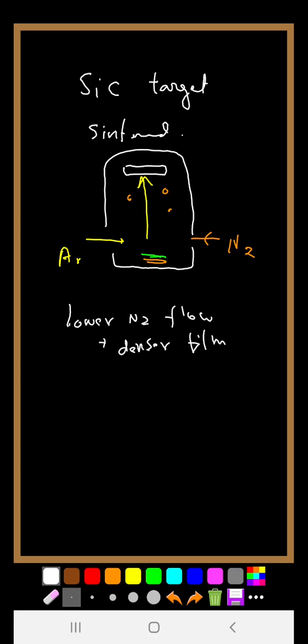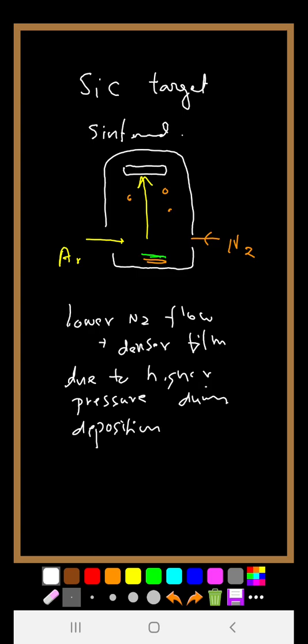And the decrease in density of the film with nitrogen flow is due to the higher pressure during deposition caused by a negative DC bias. Now, what is this negative DC bias?